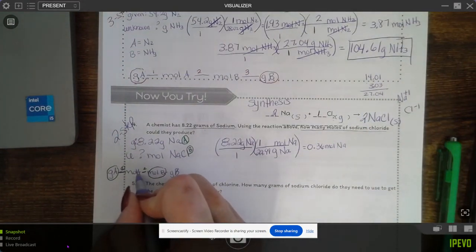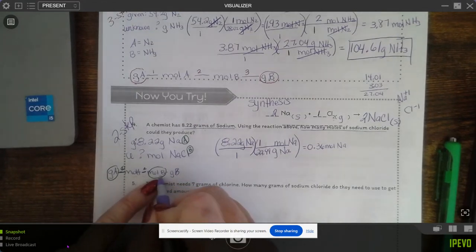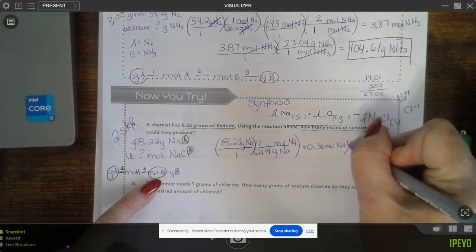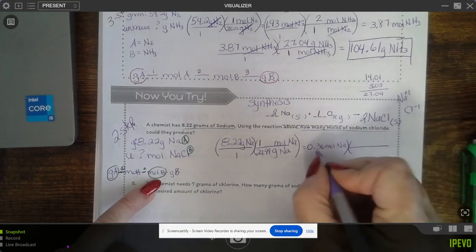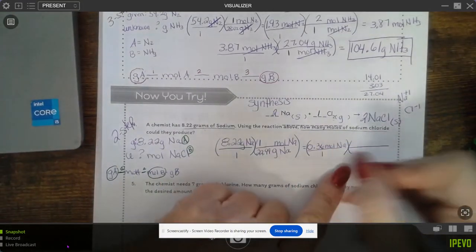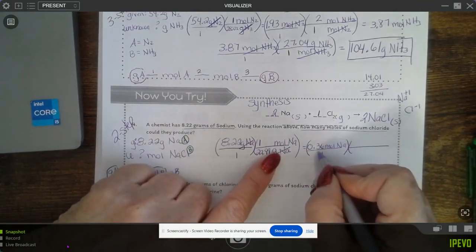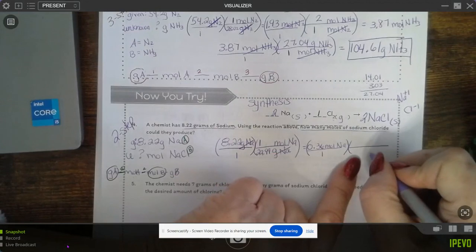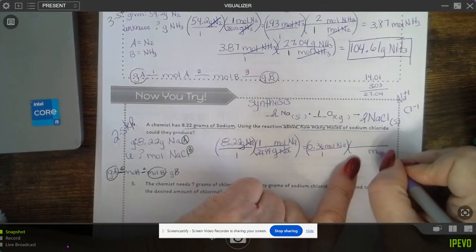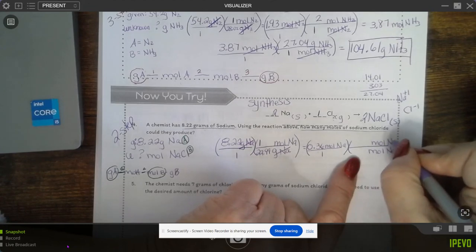So that's step 1. Step 2 is to go from moles of sodium to moles of sodium chloride. When I do this step, I need the mole ratio. Here I went from grams of sodium to moles of sodium, and now I want to go from moles of sodium to moles of sodium chloride.